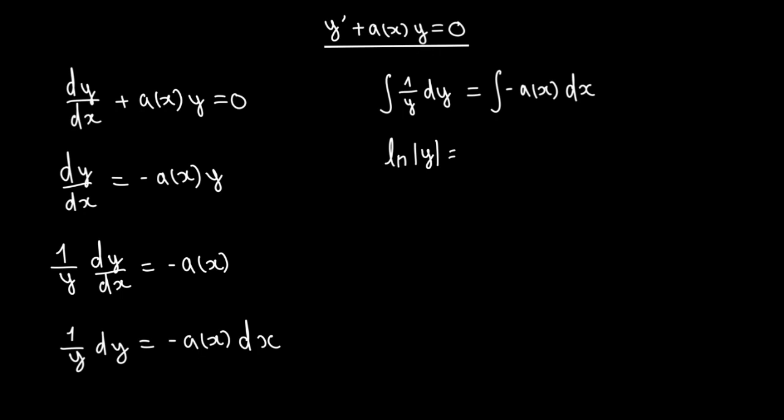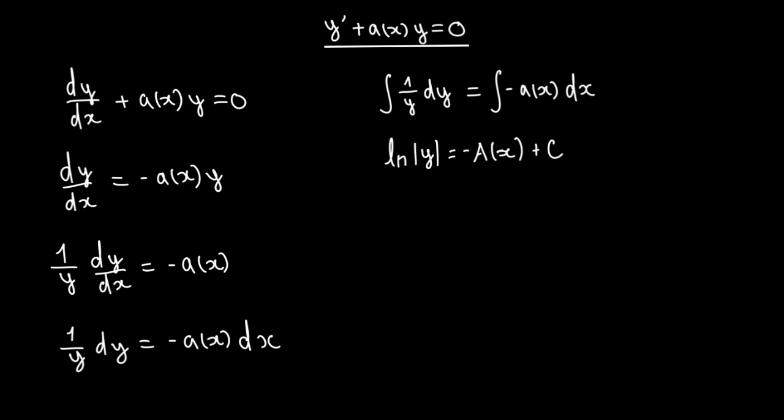And we will call that capital A of x. So we have negative capital A of x. Essentially what I've done here is said that the antiderivative of a of x is capital A of x. And so the indefinite integral of negative a of x dx is negative capital A of x.